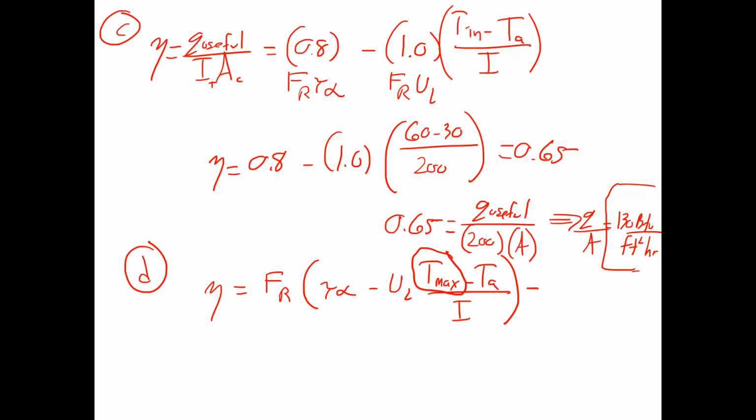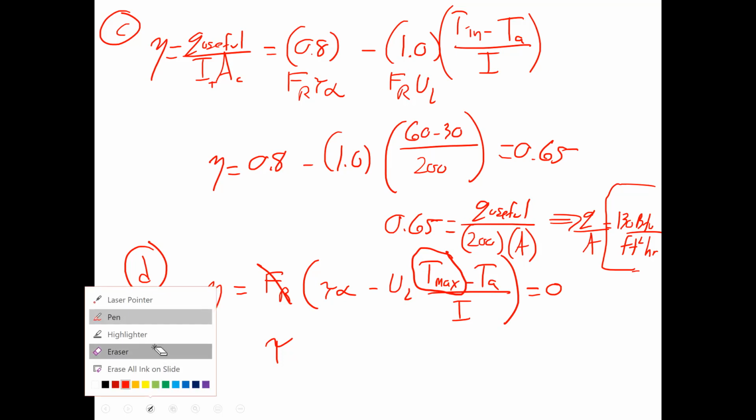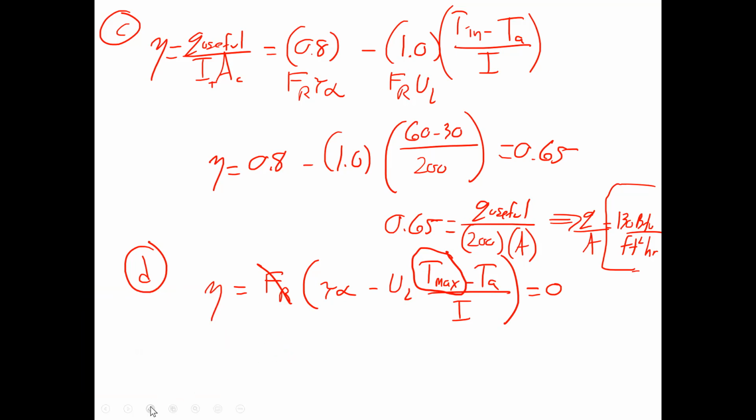So in this case, we're looking at an efficiency of 0 because there really is no effective, useful heat coming in. In that case, the heat removal factor cancels out, and I solve this equation by setting the two sides equal to each other.